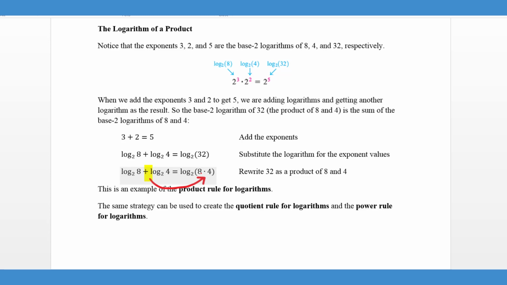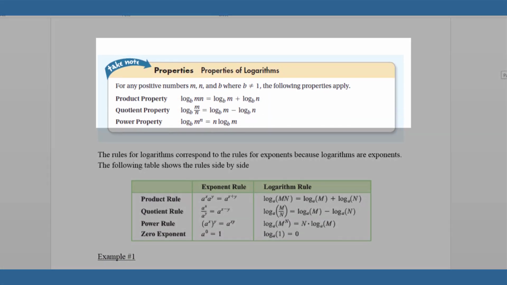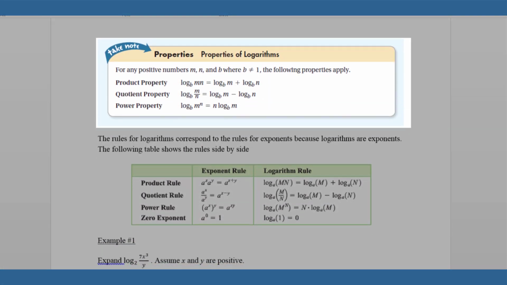Now, we can do that for a number of other rules, and if you look in this concept box here, there are three rules that we're going to focus on: the product property, the quotient property, and the power property. What I want you to focus on is that multiplication can lead to addition when you expand. What we mean by expanding the log is that we're taking one log and breaking it up into multiple log statements.